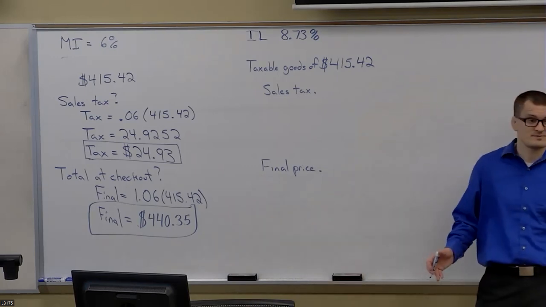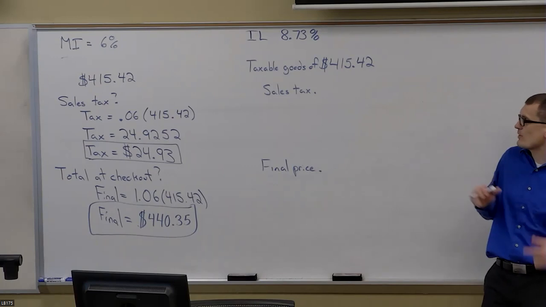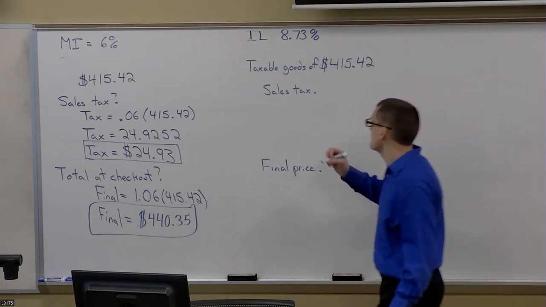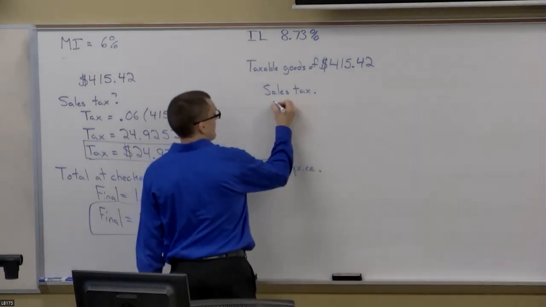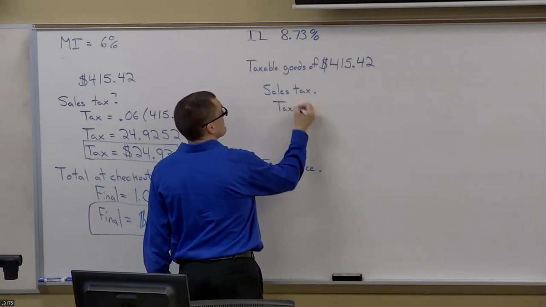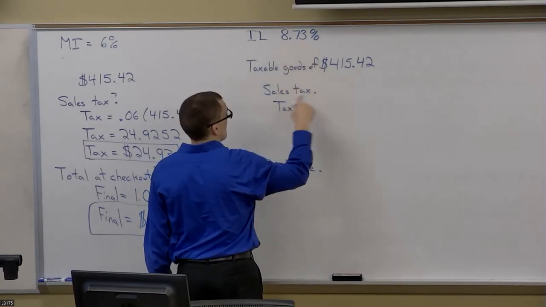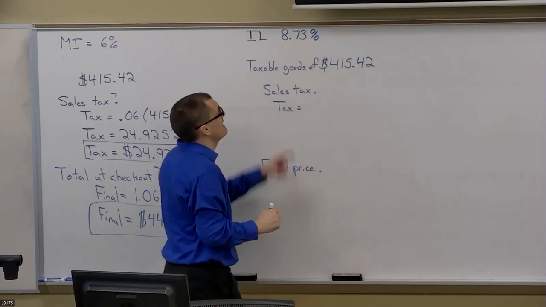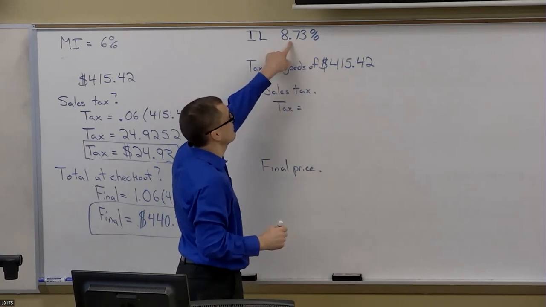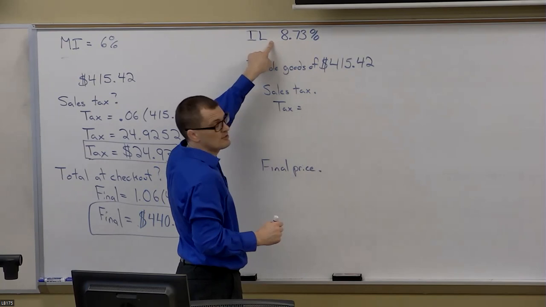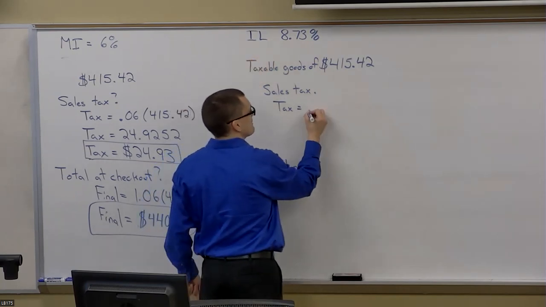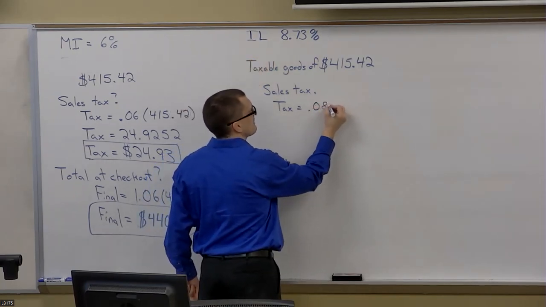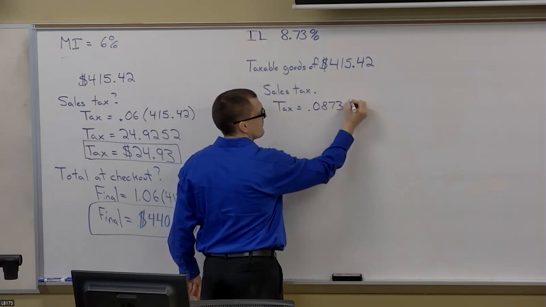All right. So if we're in Illinois, the sales tax is going to be 8.73 of the 415.42. Be careful on this, 8.73. If I move the decimal place over 2, that is 0.0873.